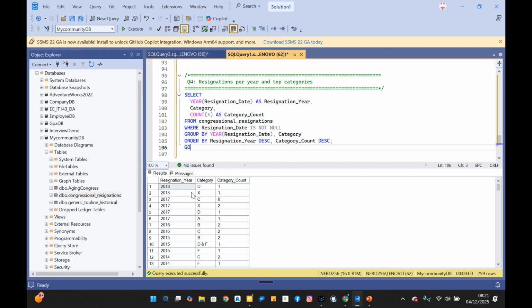So for resignation, the first column is year, category, and category count. 2018, category D, one count. So you follow that order. So basically that is it about the two communities and what we are looking at.